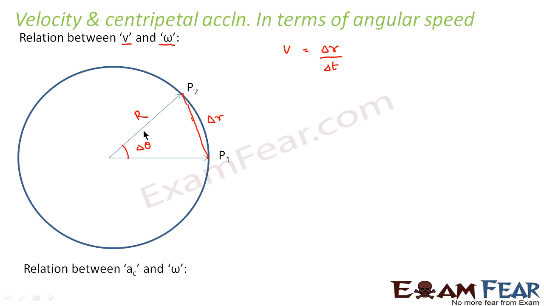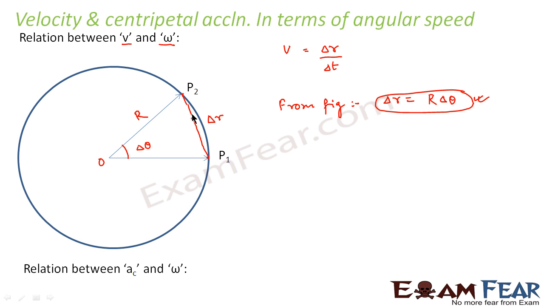And the radius of this circle is capital R. So what can we see from this diagram? We can say that from the figure, delta R is equal to R delta theta, from our basic trigonometry and geometry.